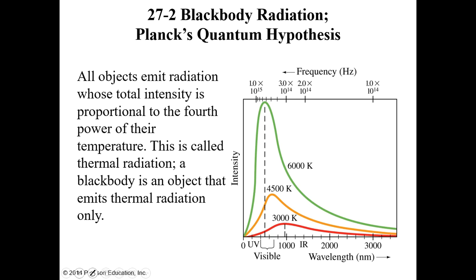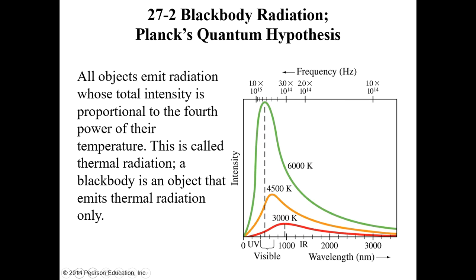Okay, fast forward a few more years, we started coming up with this weird experimental result. We were looking at objects that emit radiation, objects such as the sun, other stars, light bulbs. Their total intensity was proportional to the fourth power of their temperature.